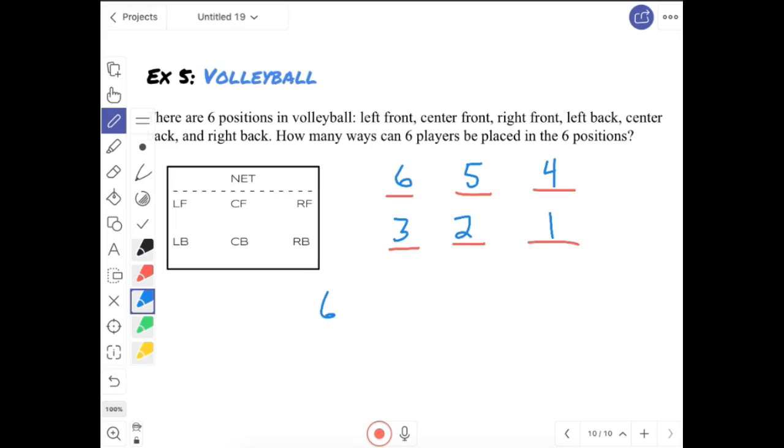So that's going to be 6 times 5 times 4 times 3 times 2 times 1, which is going to give us 720 different possibilities of ways that we could place those girls on the volleyball team.